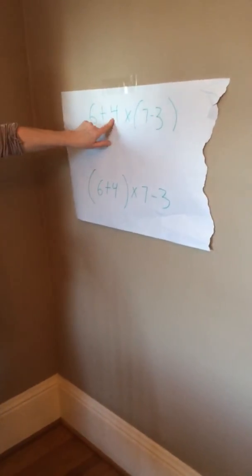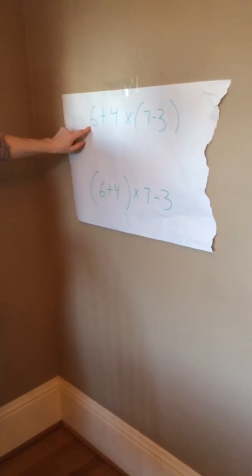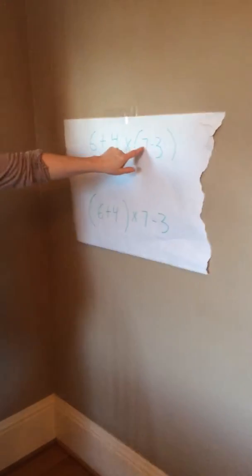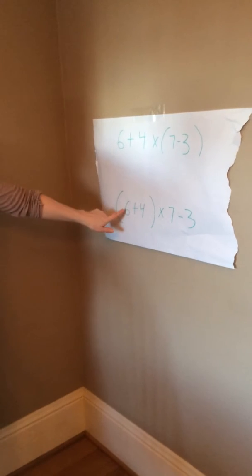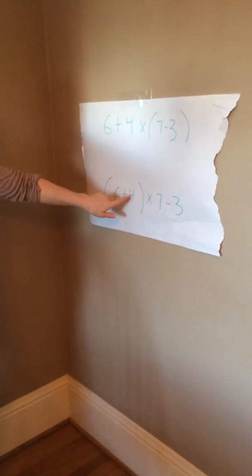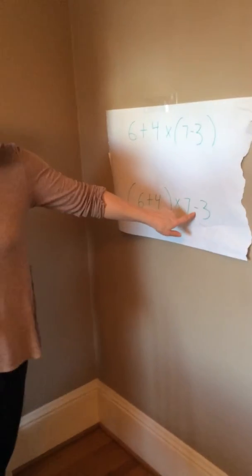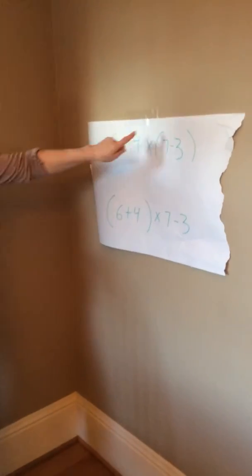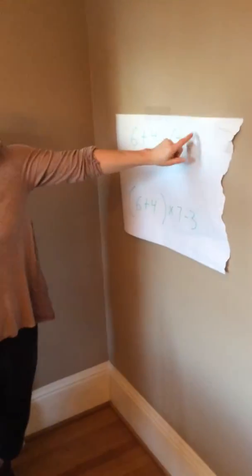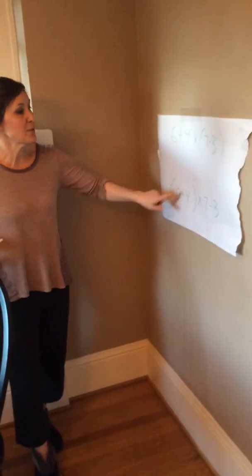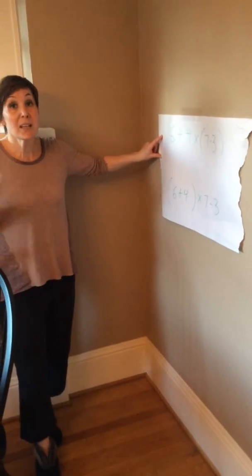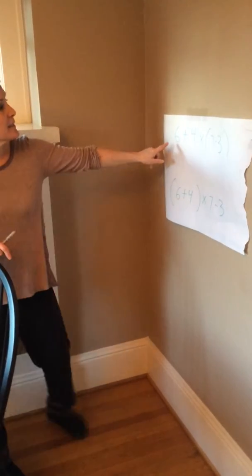So in this problem, you can see we have the same numbers. We have a 6 plus 4 times 7 minus 3. Down here we have also 6 plus 4 times 7 minus 3. But we know, because we know our PEMDAS, that our parentheses are in different places. So we should get some different answers. Let's do this.